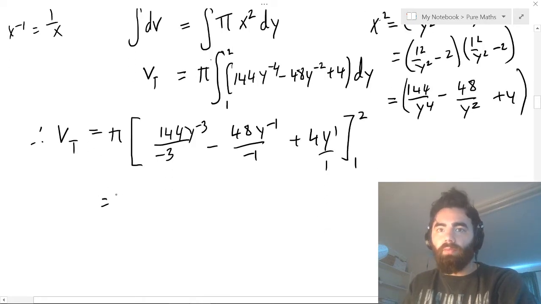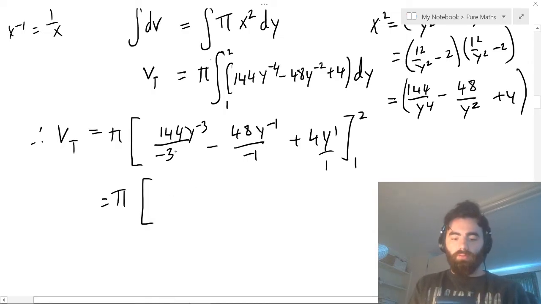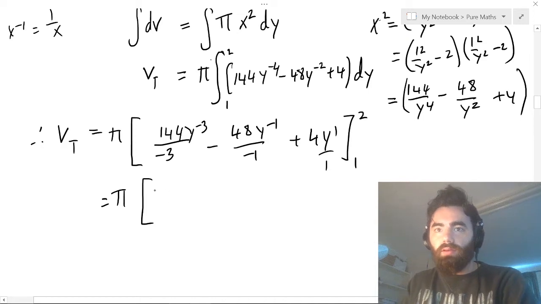We simplify that a bit more. 144 divided by negative 3 gives us negative 48, so negative 48 over y cubed.